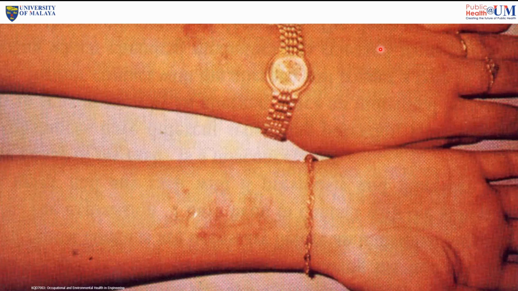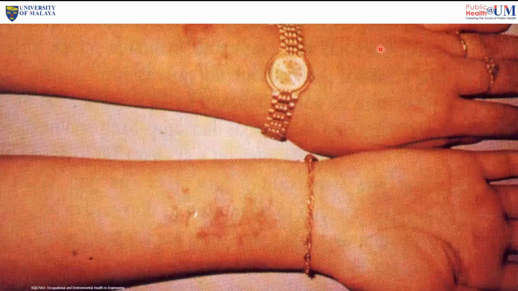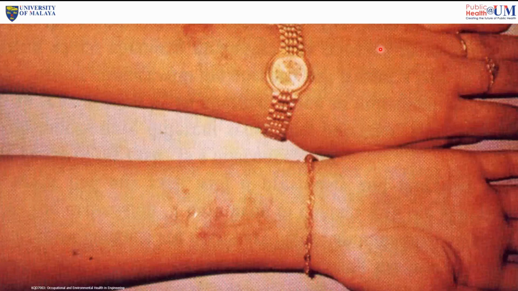So we have finished with the metals and metalloids: lead, arsenic, mercury, cadmium, and nickel. This is not everything that's present, but these are some of the metals and metalloids commonly found in industry.